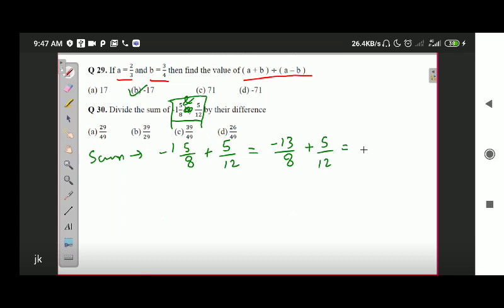You take the LCM. LCM is going to be 24. This is minus 13 3s are 39 and 5 2s are 10. So you will get minus 29 upon 24. That will be the sum. Let us talk about difference.